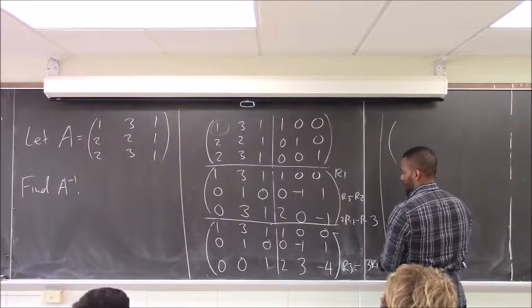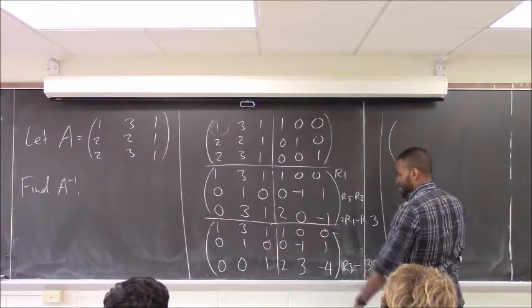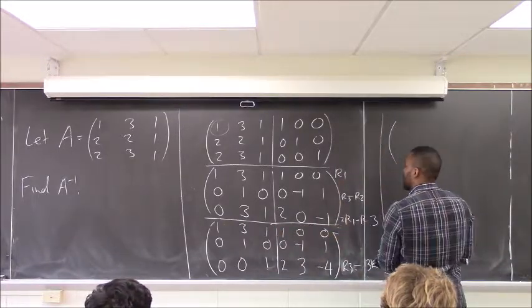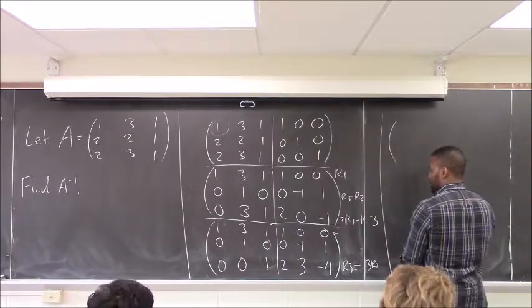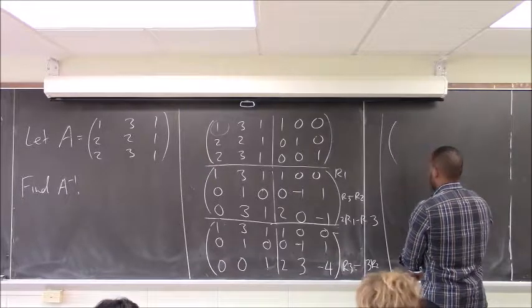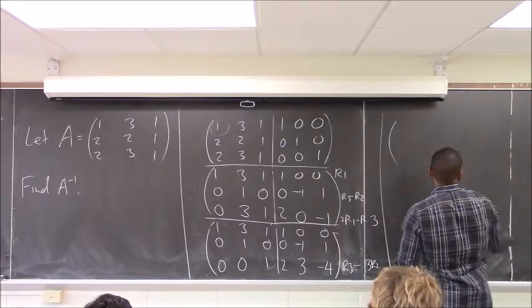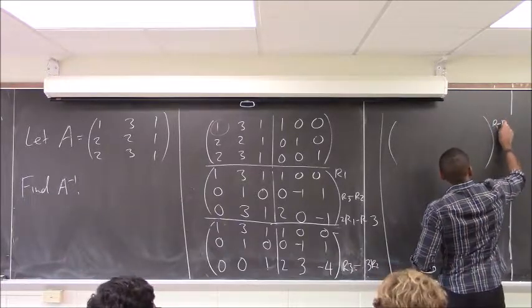In the go-over last week, I was using colors to mark everything. But I'm assuming here we're comfortable enough to follow along with these steps. So I'm going to change row 1 by subtracting row 3. Row 1 minus row 3.